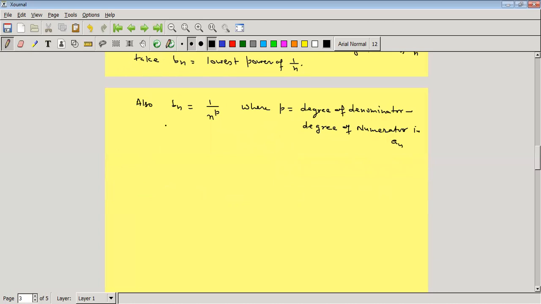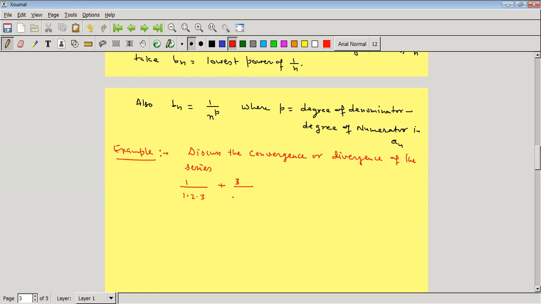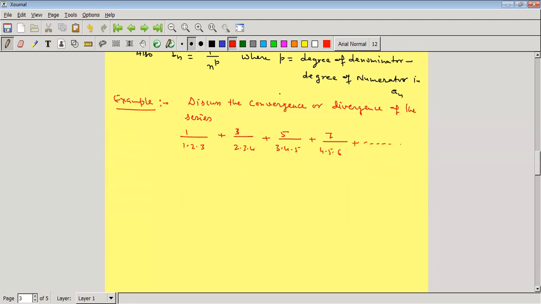For example, let us discuss one example. If we have a series, discuss the convergence or divergence of the series 1 upon 1 into 2 into 3 plus 3 upon 2 into 3 into 4 plus 5 upon 3 into 4 into 5 plus 7 upon 4 into 5 into 6 plus so on.